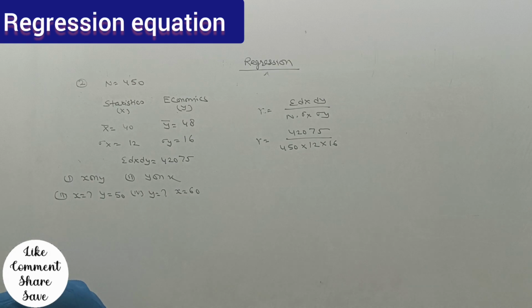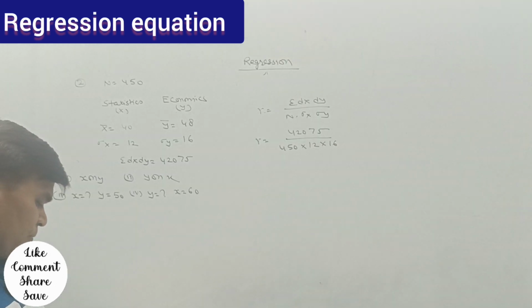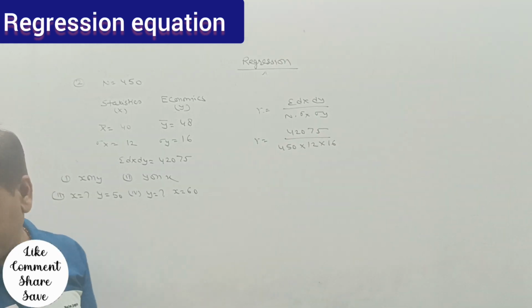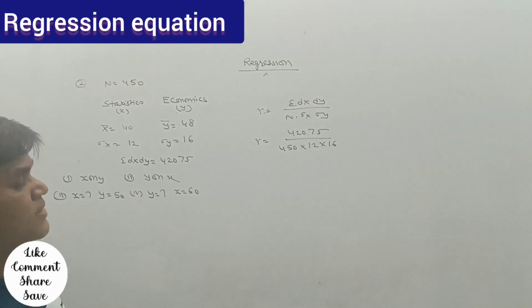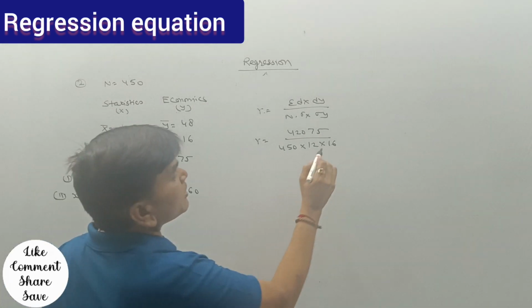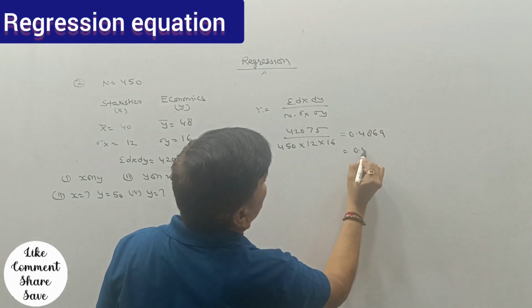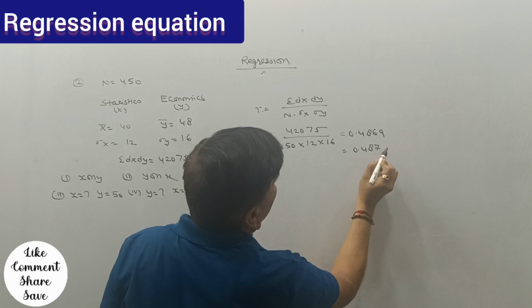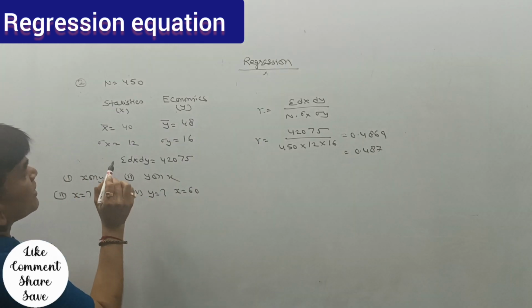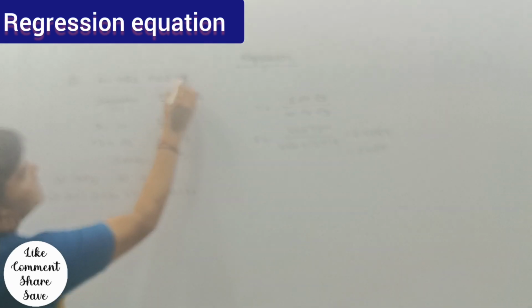So the value of correlation in this question, we can write 0.487. Okay, so the correlation value we got is r is equal to 0.487.